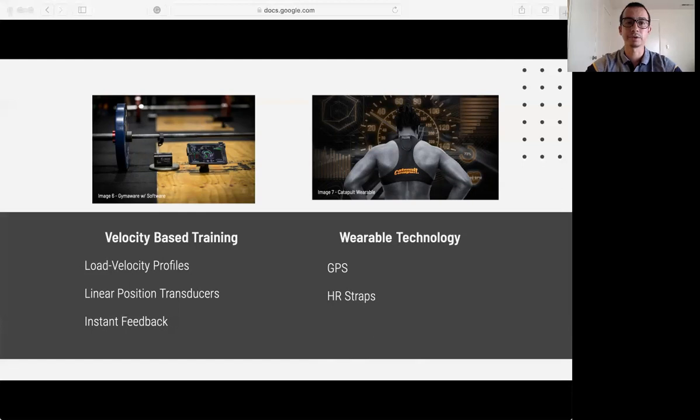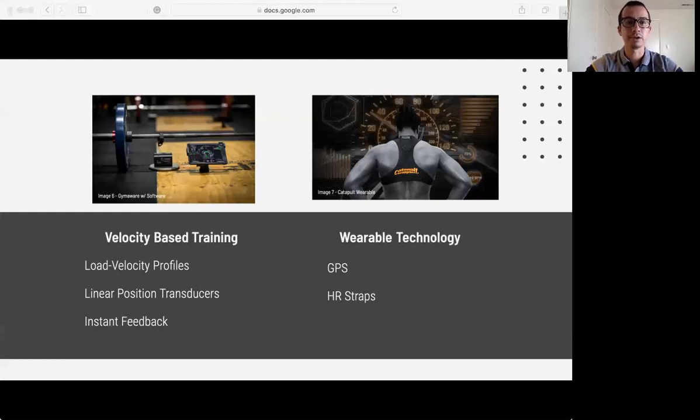Some other examples of wearable technology are GPS, which can measure accelerations, decelerations, velocity, distance traveled, and changes of direction for our athletes. We also see heart rate straps being utilized for heart rate methods of monitoring training load.